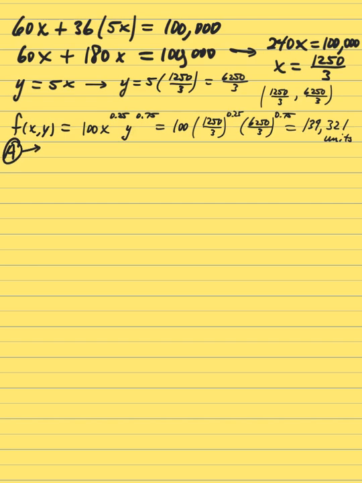Part B, you're asked to find what's called marginal productivity of money. Marginal productivity of money, in other words, lambda.